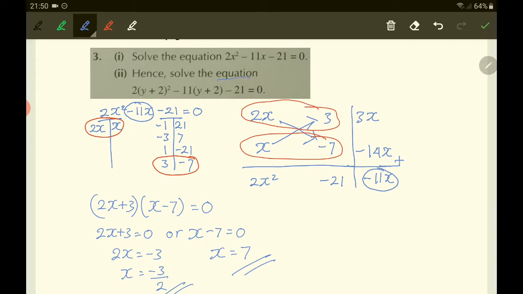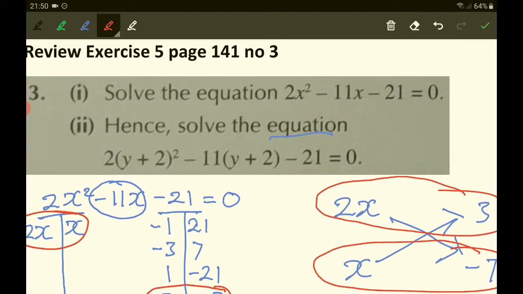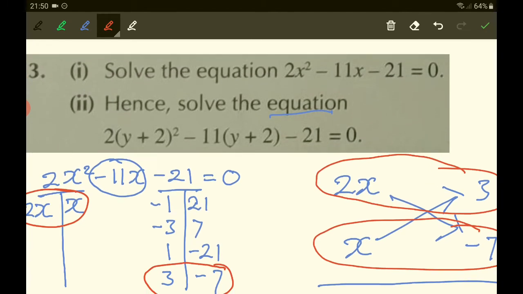The equation 2 bracket y plus 2 square minus 11 bracket y plus 2 minus 21. When we look at this equation and compare it to the previous equation that we have solved, we can see the second equation is just changing x to y plus 2.